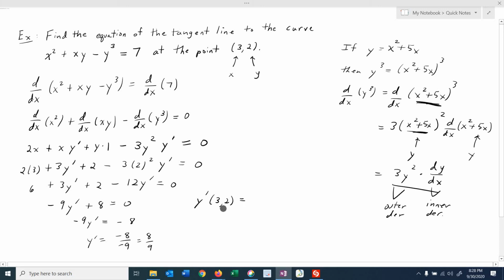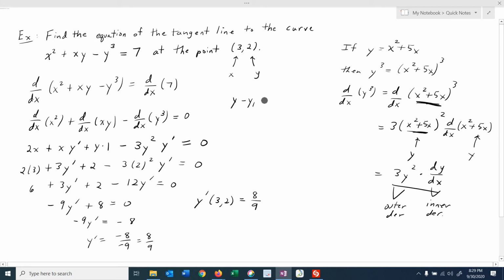If you're more detailed about what this really means, we're plugging this number into the derivative and getting 8/9 out. Okay, so this is the slope of the tangent line to this particular curve right at this point 3, 2.